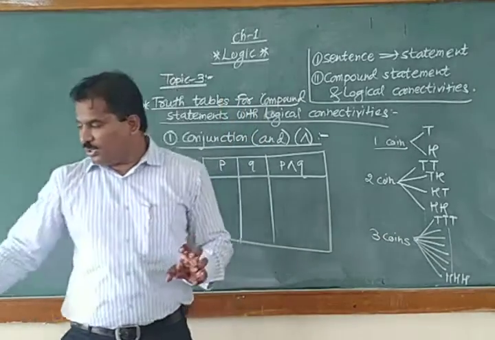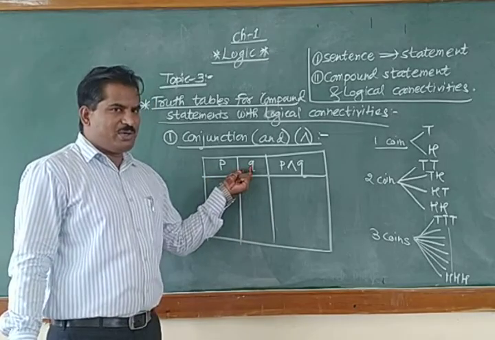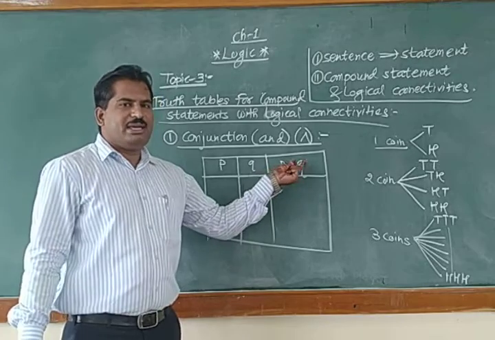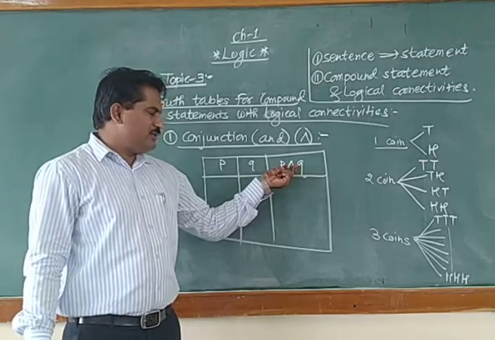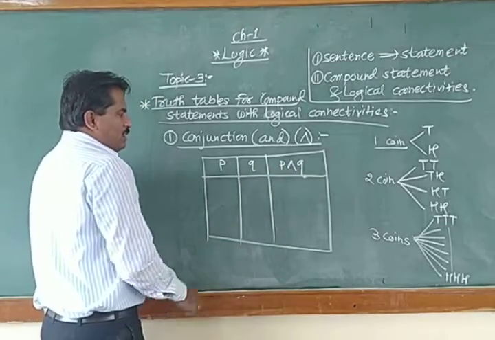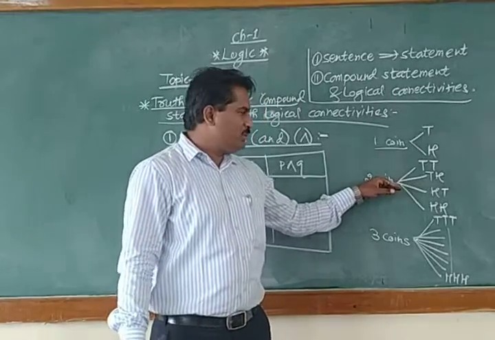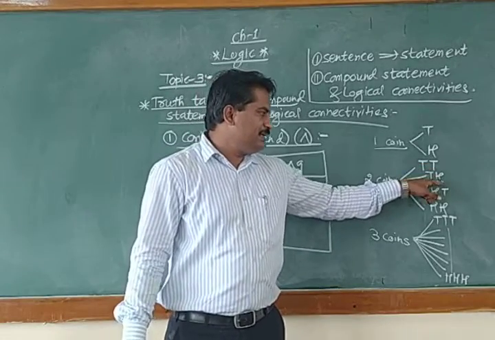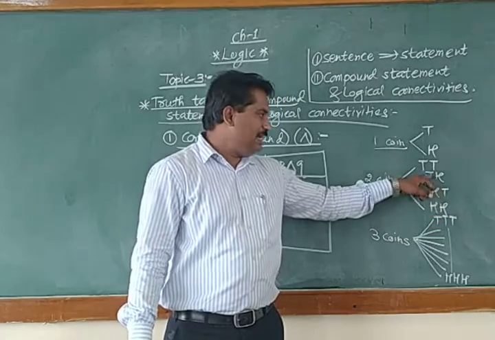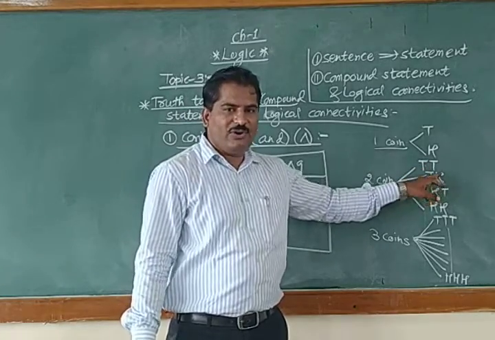Similarly, for the statements, there are two statements because it is a compound statement, in which P and Q are joined with the symbol 'and'. Therefore, the possibilities according to two coins, tail and head, are such that tail is replaced by true and head is replaced by false.